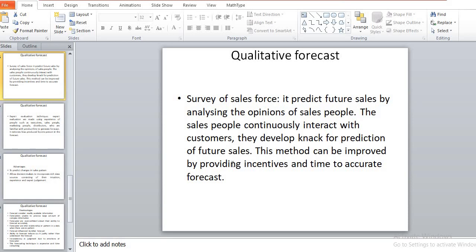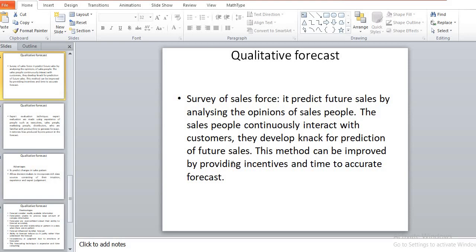They consider customer feedback and customer opinion, and according to that opinion they predict the future sales of that particular product. The sales force, talking with the customers, can predict the future of that product according to customer opinion.